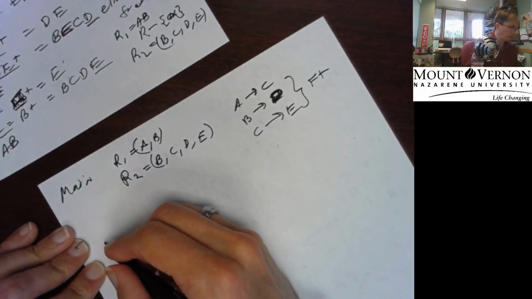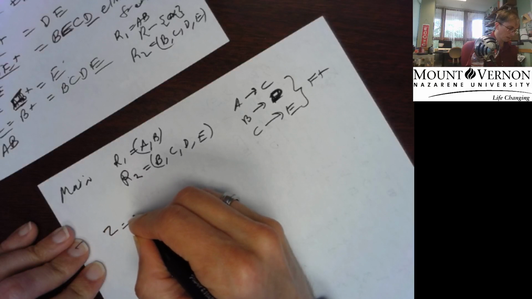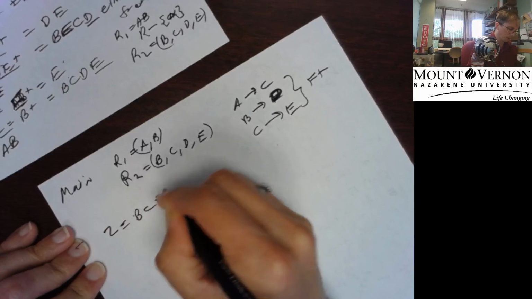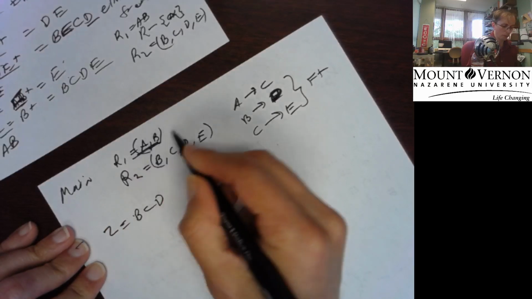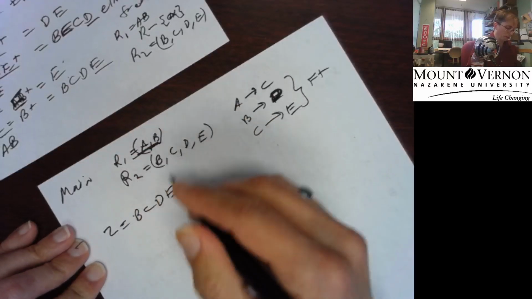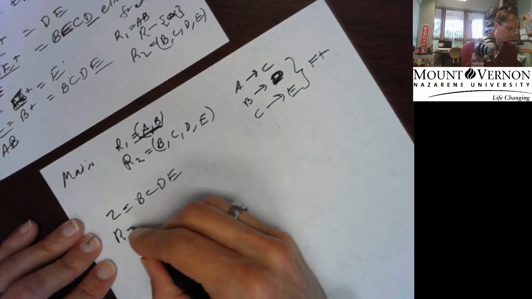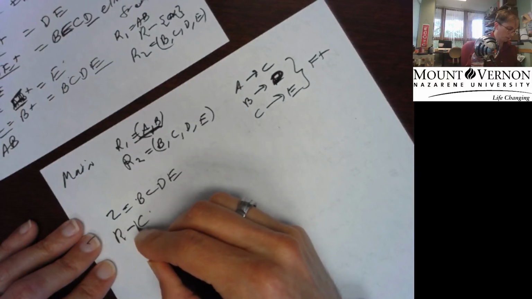Let's see here. BC. This one's just two attributes, so that's already in Boyce-Codd. We just did that part, so we know we don't need to look at that one any further. So we look at BCDE. We'll take them in pairs.